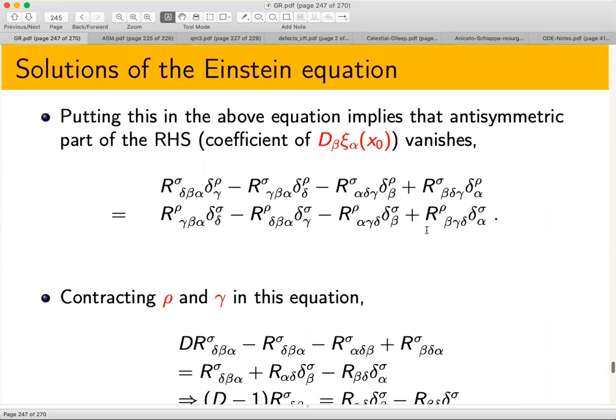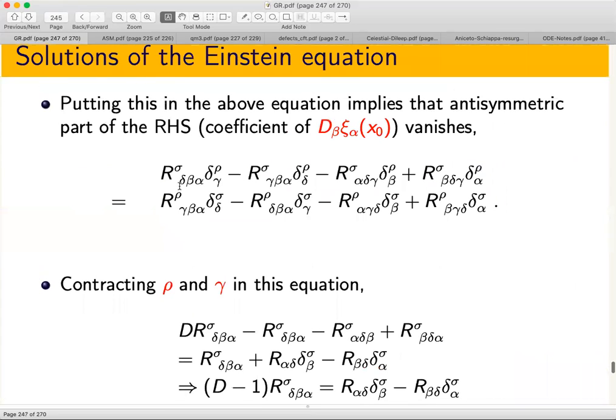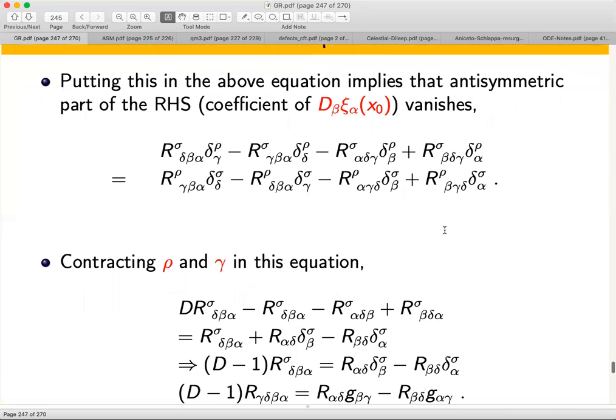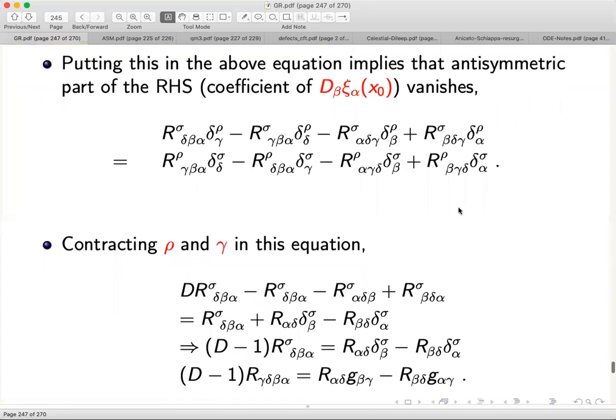Now if gamma and delta are swapped at all the locations, this equation has to be equal. So what you do is contract, say, rho and gamma. Then delta rho gamma is equal to d, so that will give you d here.